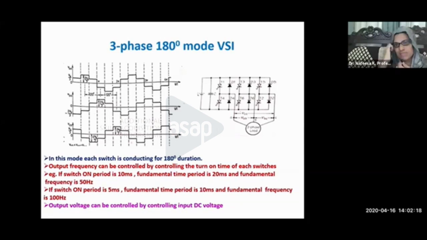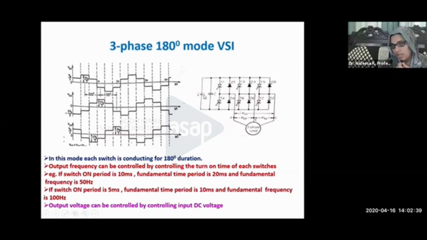So the output voltage can be controlled by controlling the input DC voltage. We cannot control the output voltage of the VSI internally, and that can be varied only by varying this DC supply.